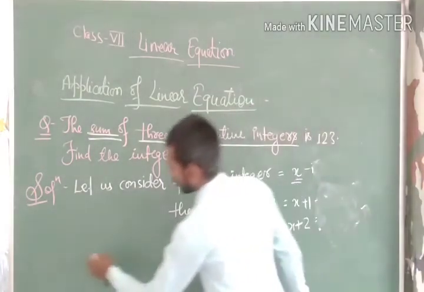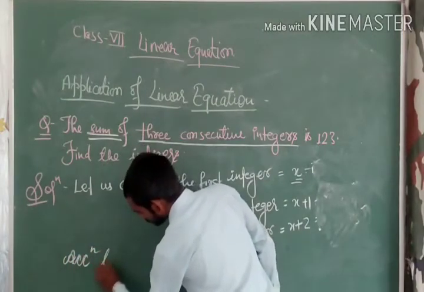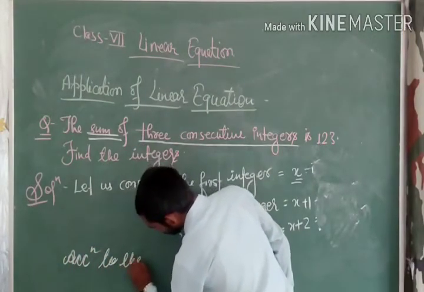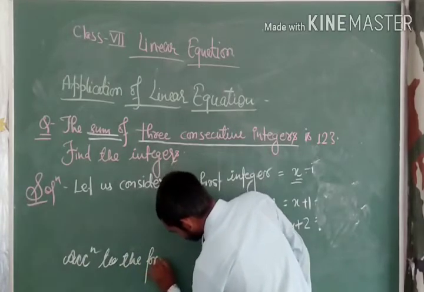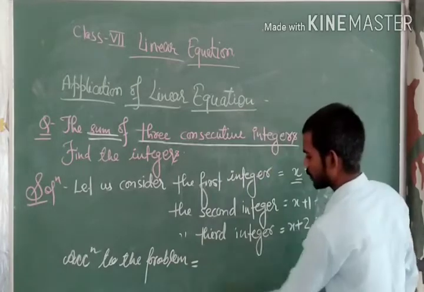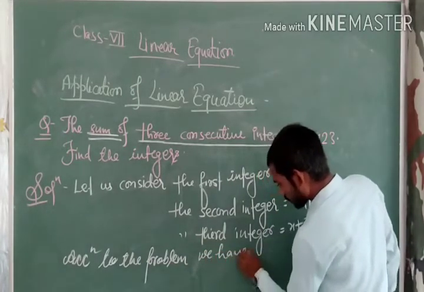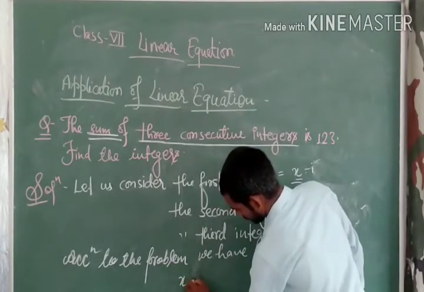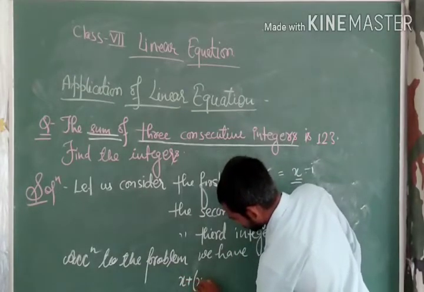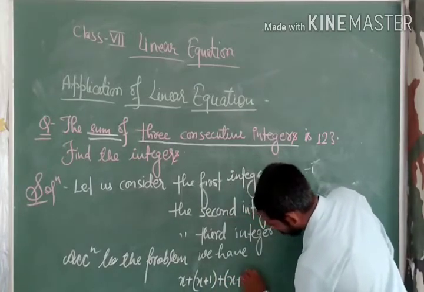So we write, according to the problem, we have x plus x plus 1 plus x plus 2.